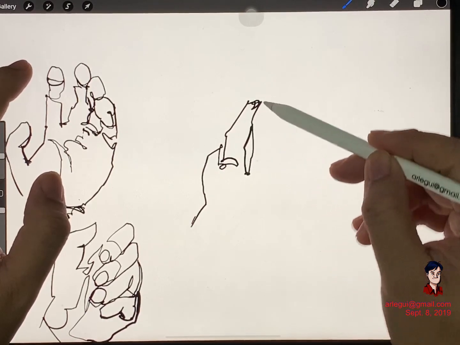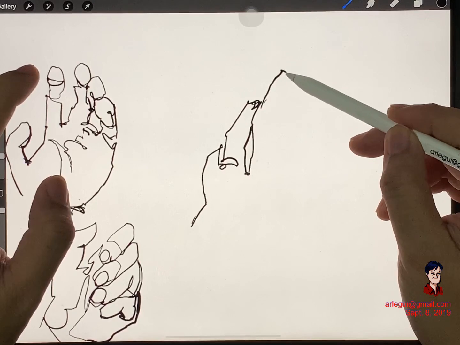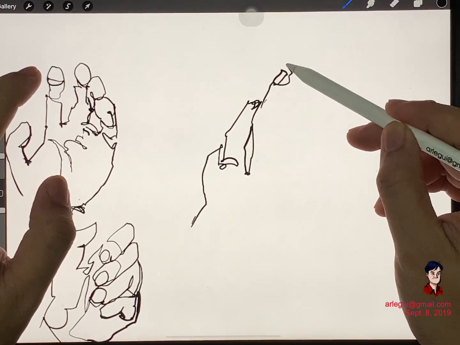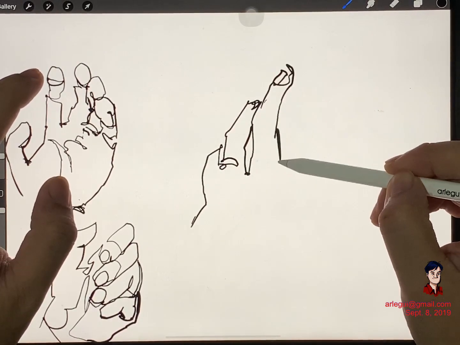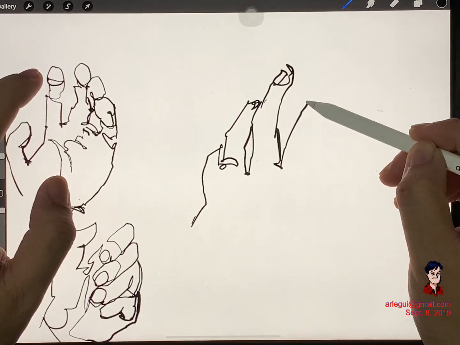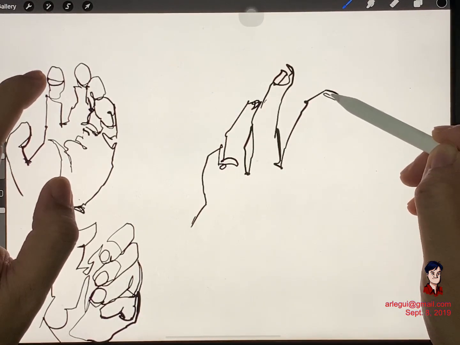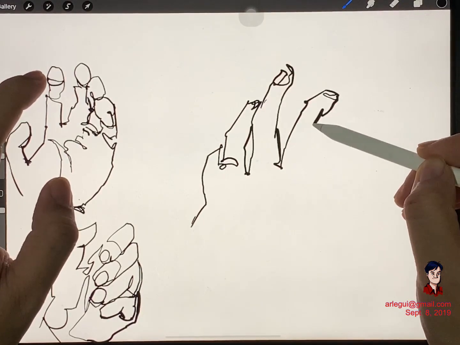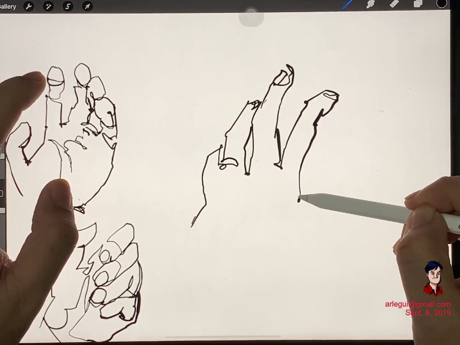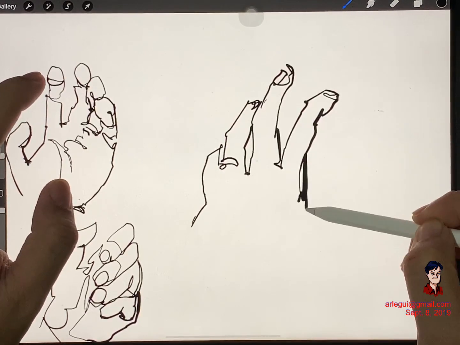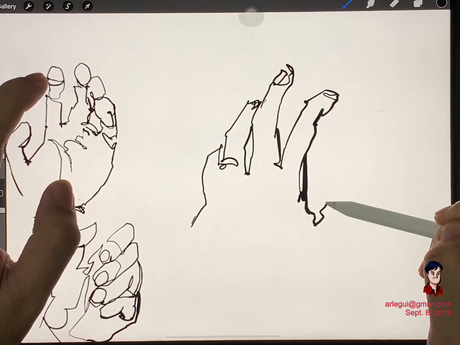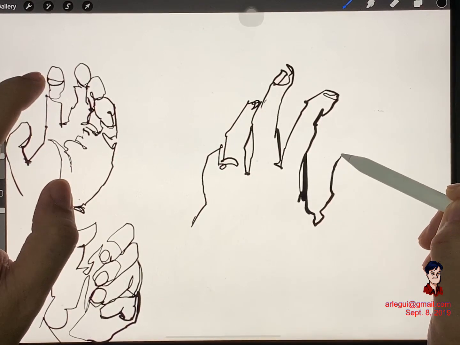Here again, I'm doing various positions of my hands, and this is the very first principle that you need to know in starting out drawing: to draw what you see by virtually tracing the edges that you see.